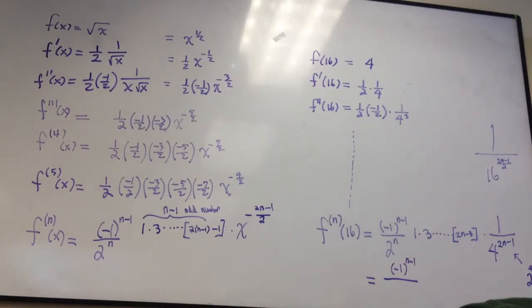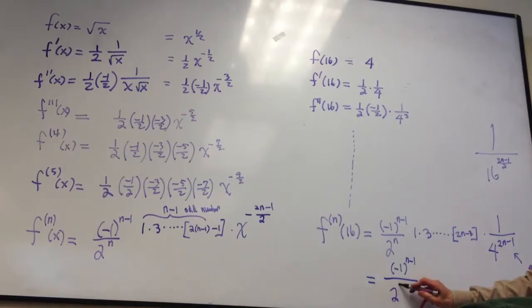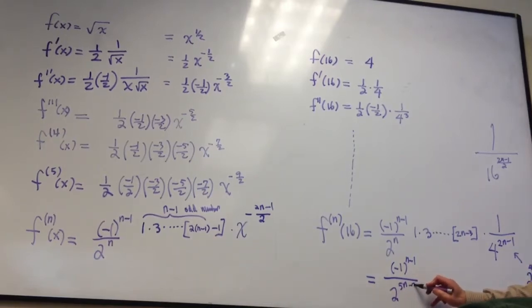Yeah? Is that right? Is that 2 to the 4n minus 2? And that's 2 to the n. So altogether you have what? 2 to the 5n minus 2. Yeah? Okay? Not so pleasant. 3 dot dot dot up to this odd number 2n minus 3.